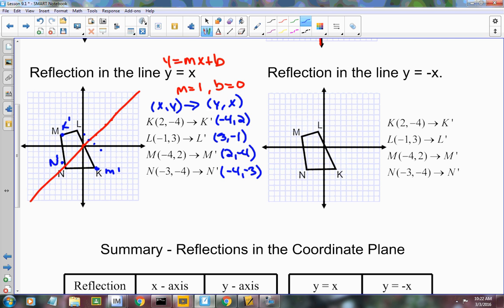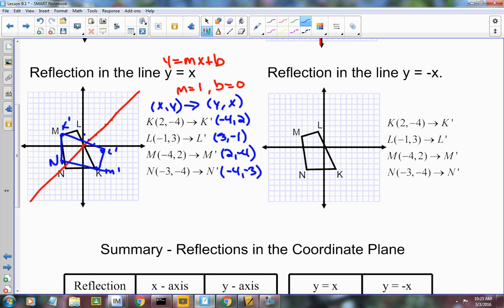Where's my other point? Oh, I didn't graph L, did I? 1, 2, 3. Oh yeah, here it is. I just didn't label it. So we have now reflected over the line y equals x.